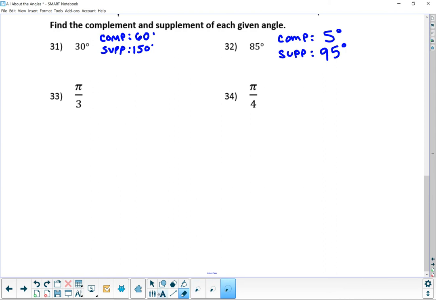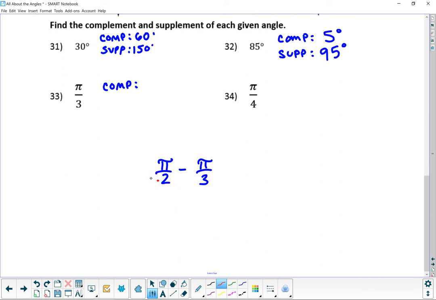All right, so for pi over 3, for the complement, it's going to be out of 90 degrees, but in radians it's going to be pi over 2. I'm going to subtract pi over 3, just like how I did earlier. With fractions, I like to do it this way so I can get a common denominator, but it's up to you.